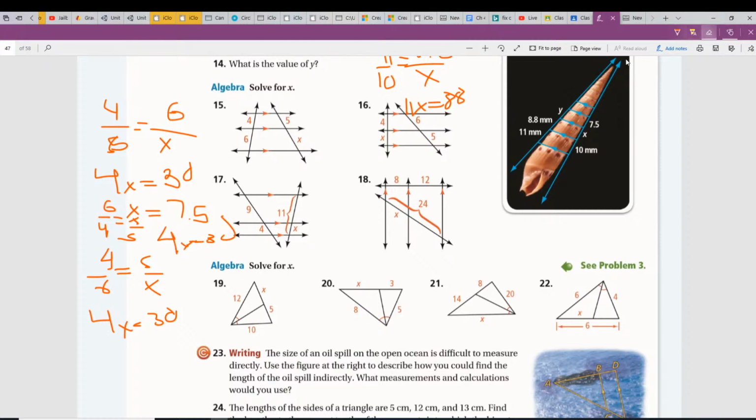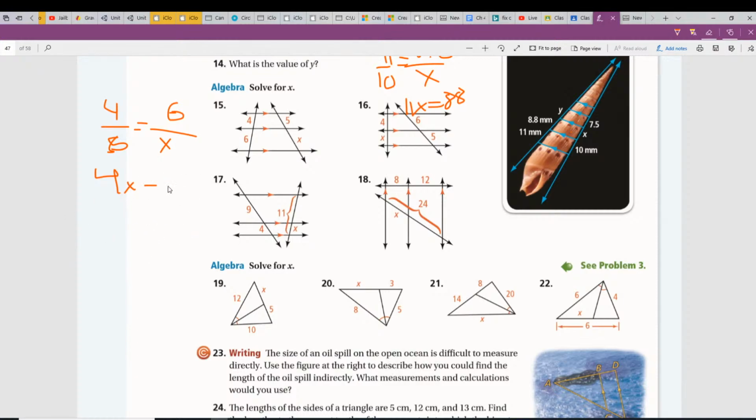So that's one of the properties of proportions we can use here. Okay, fine, because we used it. So that's number 15, and we're gonna go to number 16.